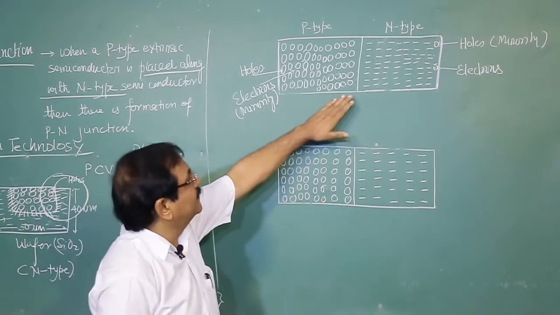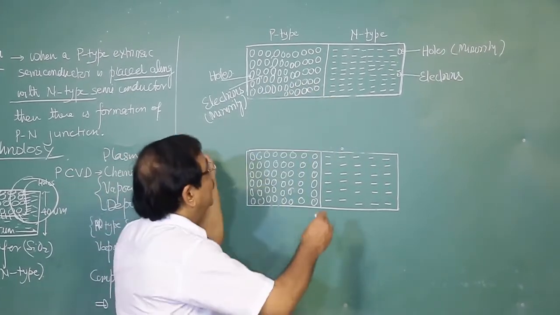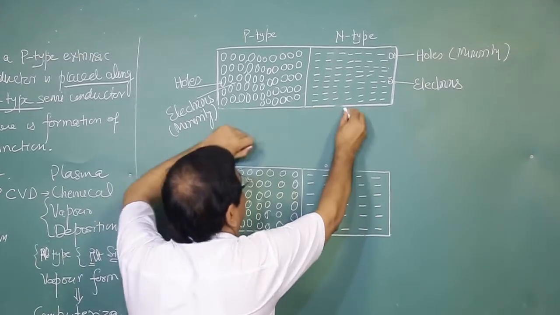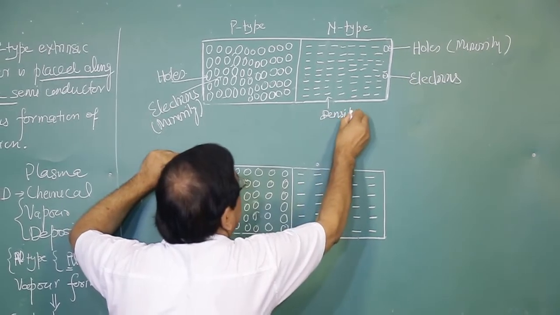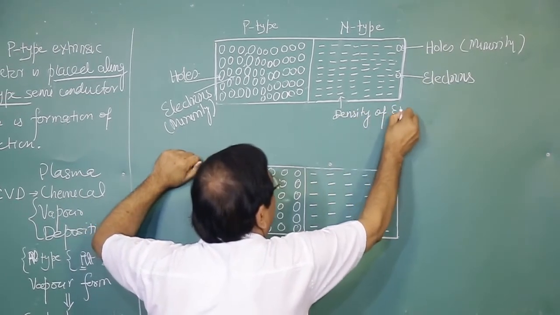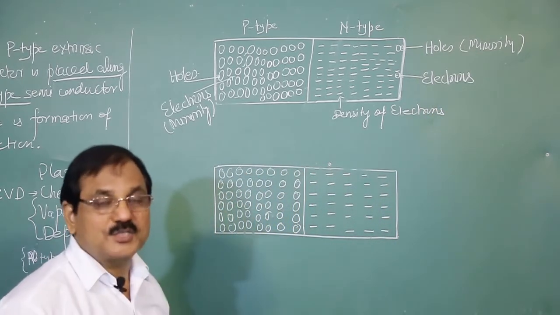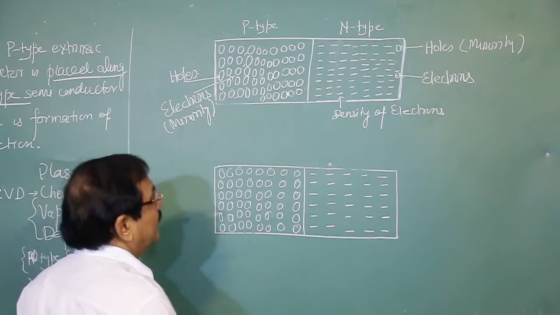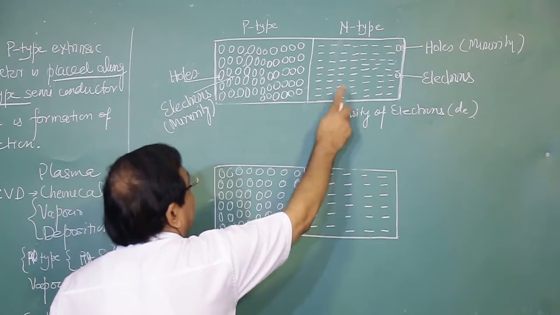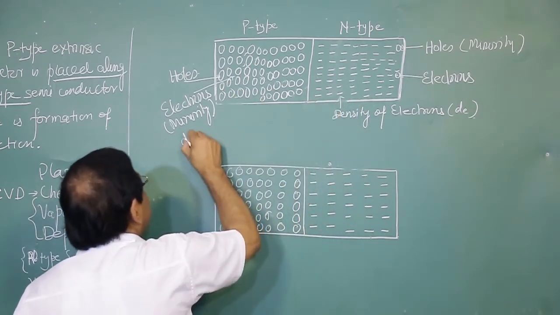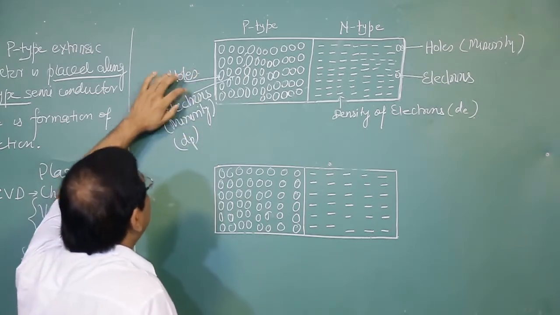So, what we find in these two extrinsic semiconductors is the density of electrons, which is responsible for the movement. Say dn in the n side, and here it is dp, the density of electrons in the p side.